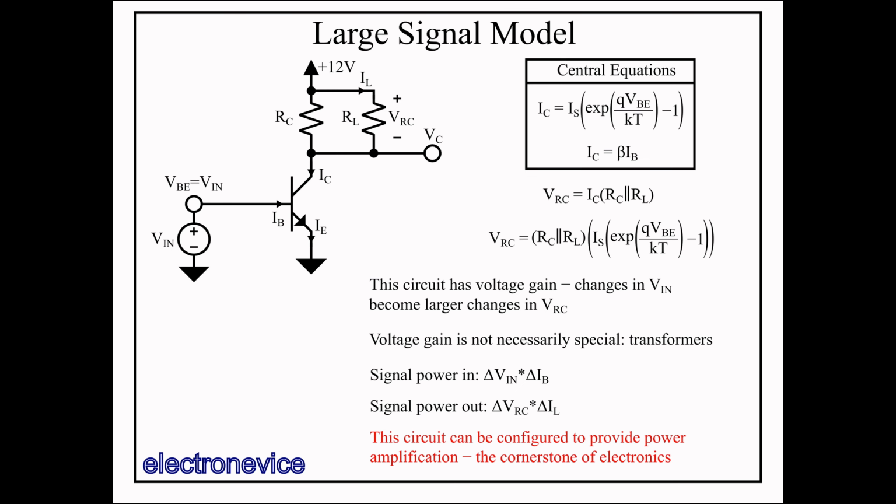So, this circuit can produce power amplification, which is the cornerstone of all electronics. With power amplification, we can convert small signals into much larger signals that can drive other circuits, facilitating the preservation and distribution of information from one circuit to many other circuits. This allows us to create massively complex devices such as ADCs, DACs, and even computer processors.